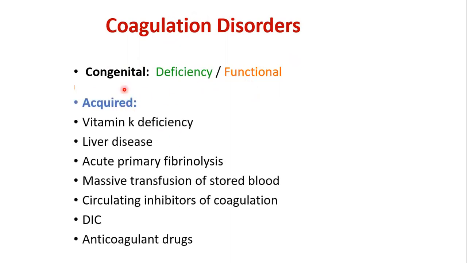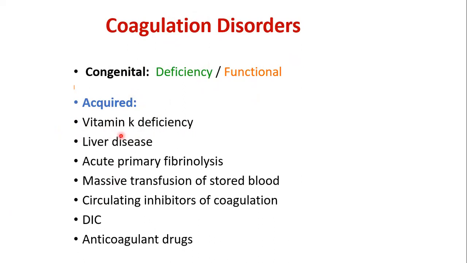It can be acquired, for example due to vitamin K deficiency. Just now I showed the vitamin K dependent coagulation factors. If there is no vitamin K, those factors will not be effective, especially in the intrinsic, extrinsic and common pathways. Liver functions are important.